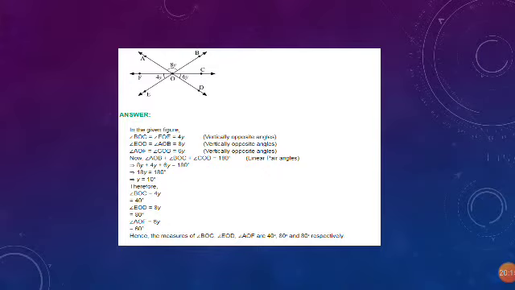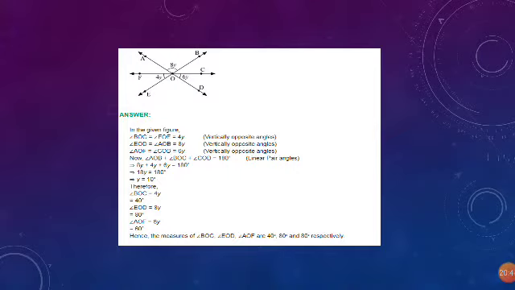These are vertically opposite angles. Next, angle AOB plus angle BOC plus angle COD equals 180 degrees. These are linear pair angles.